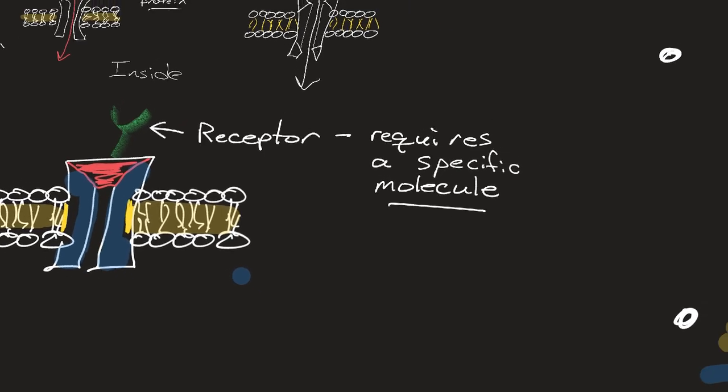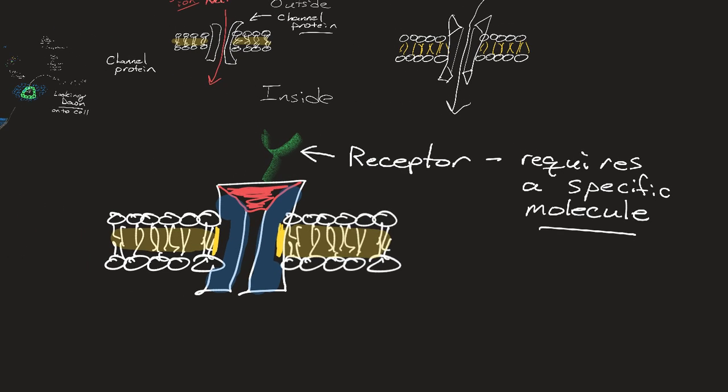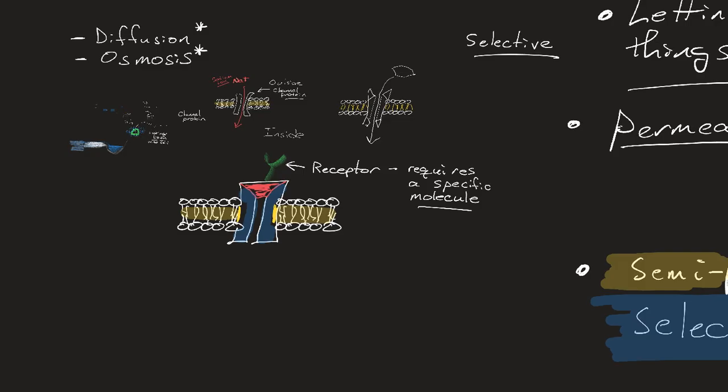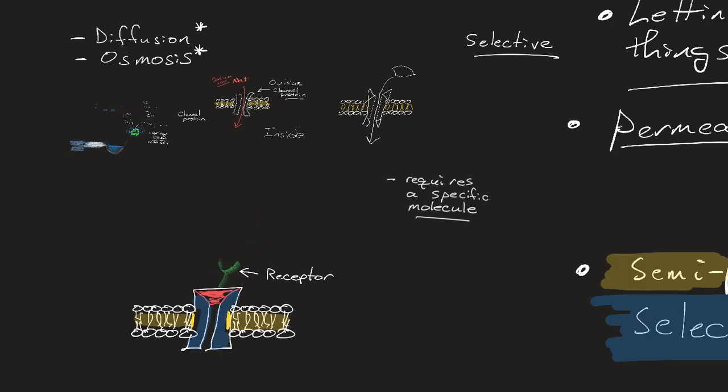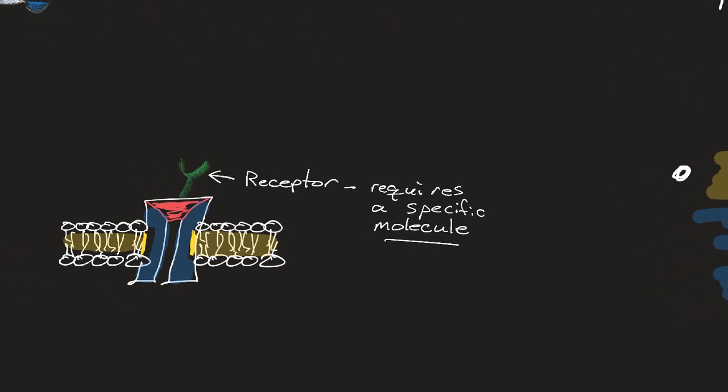So this is the receptor, and usually there are several words that people might use, but the receptor requires a signal. You need a signal molecule.